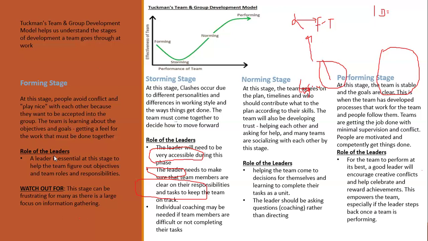I'm trying to guide you and give you the essential information you need to figure out the roles and objective. I'll give you the steps on what you need to do, how to interview the stakeholder and all that. Then after that, I will drop a template for you, giving you a guide on how to proceed with your team. When I'm doing that, it is because you guys are in the forming stage. That is the forming stage where you are.